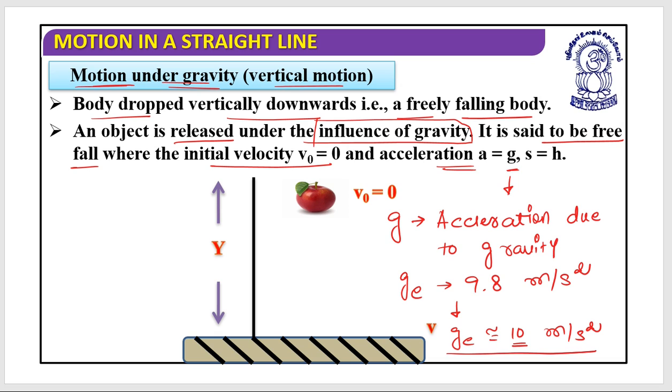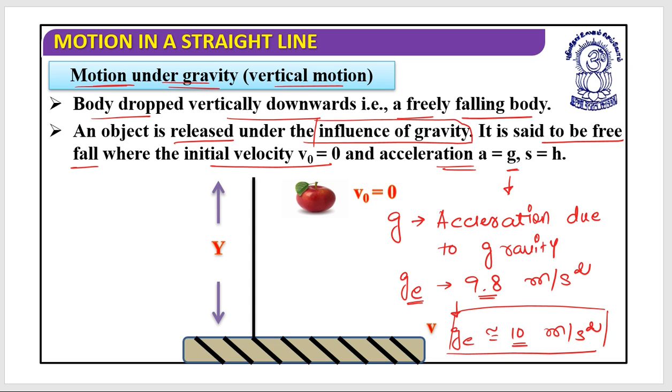So please keep in mind that the actual value of g on the earth is 9.8 meter per second square only. If the question paper allows me to take a value of 10, then I can take g equal to 10. Otherwise I need to perform my calculation with 9.8 itself.